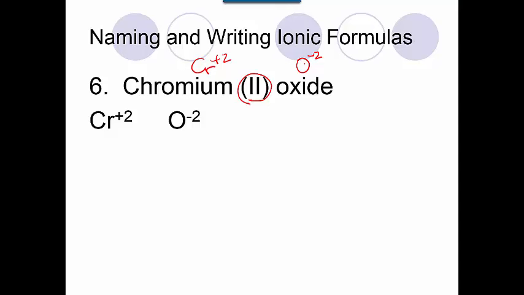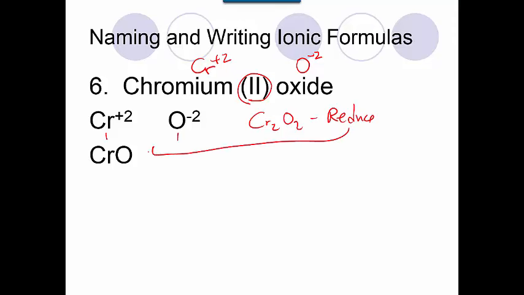So keep in mind that just having one of this one and one of this one already will give us 0 when the charges cancel automatically. So we just need only one of each. Okay, again, you could do the crisscrossing and do Cr2 and the O2, but you have to reduce it down. So you're still going to end up with CrO.